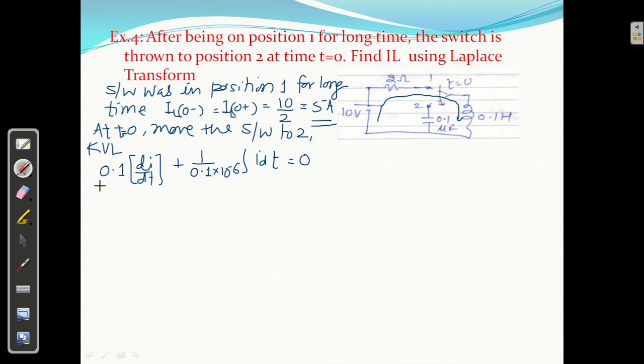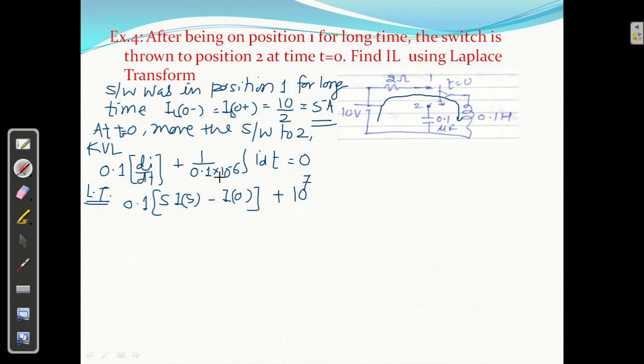When you come to position number 2, no source is there, right? So take the Laplace transform. If you take the Laplace transform, we get 0.1 times the Laplace transform of the derivative, which is S I of S minus I of 0, plus 1 upon 0.1 into 10 raised to power minus 6, which is 10 raised to power plus 7.